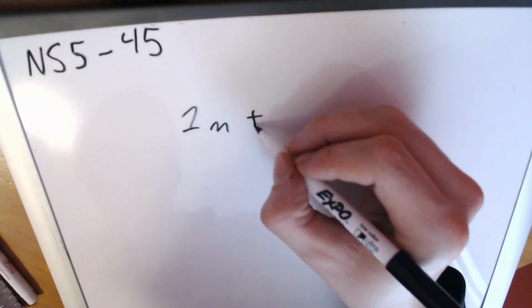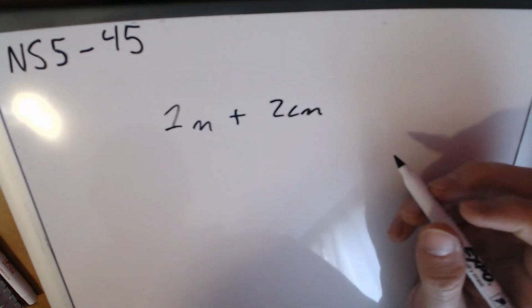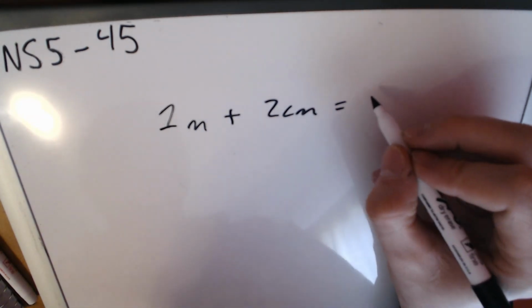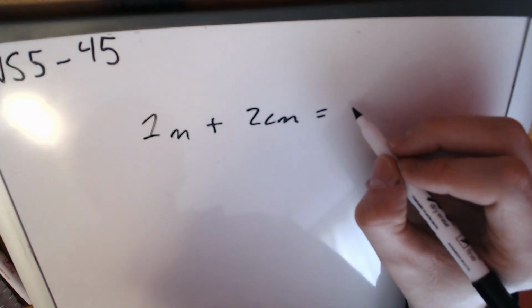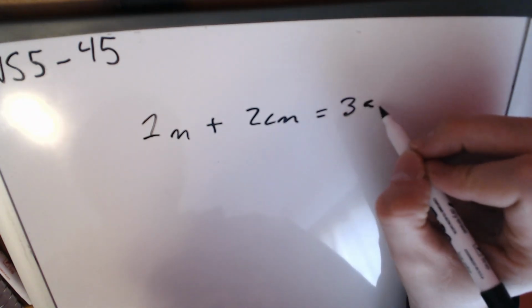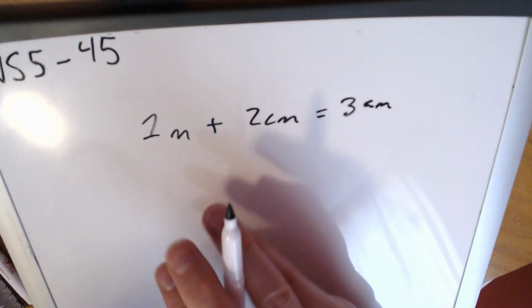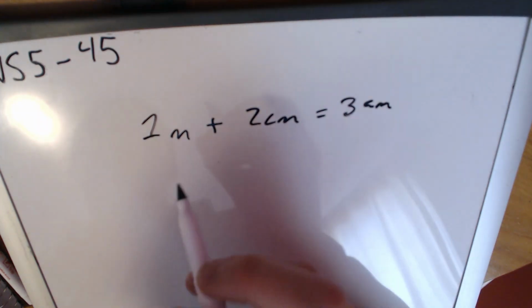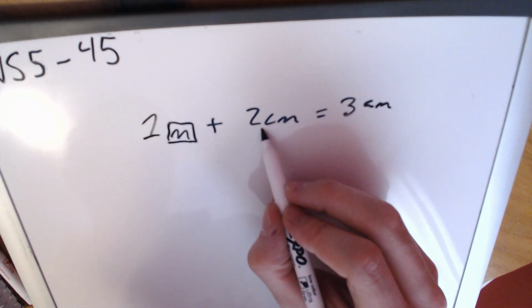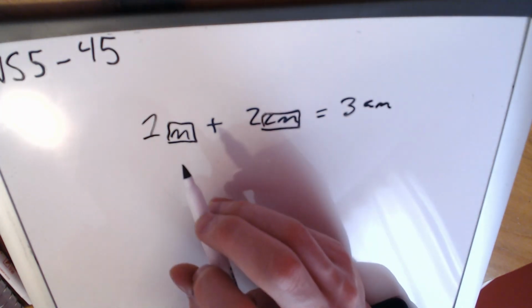If I asked you to add 1 meter plus 2 centimeters, what would you say? Well, some of you might be inclined to give me a few different answers. You could say 3, and if you did say 3 centimeters or 3 meters, I think you'd be making a mistake, and here's why. 3 meters and 3 centimeters are actually different units, so we have to pay attention here.